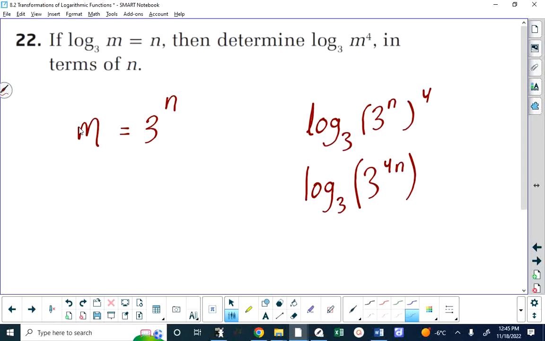And now what we have to recognize is that this logarithm that I've written, log base 3 of 3 to the 4n, is saying, to what do I raise 3 to get 3 to the 4n? And the answer is 4n.